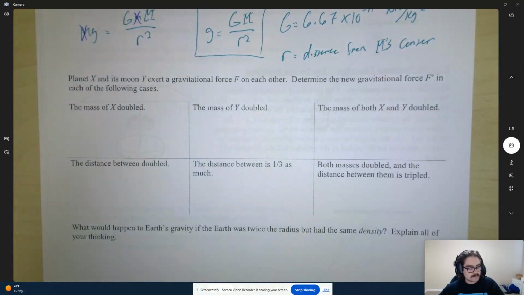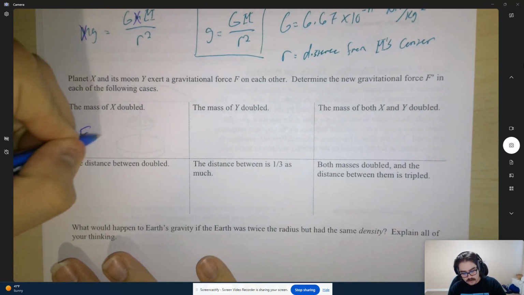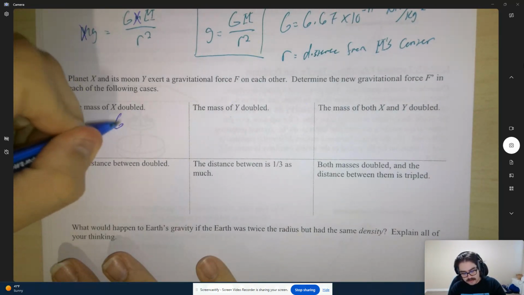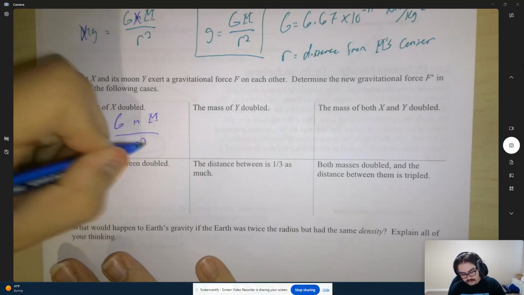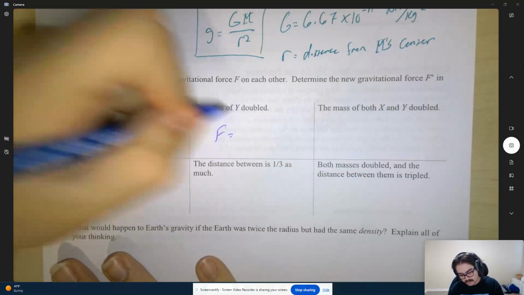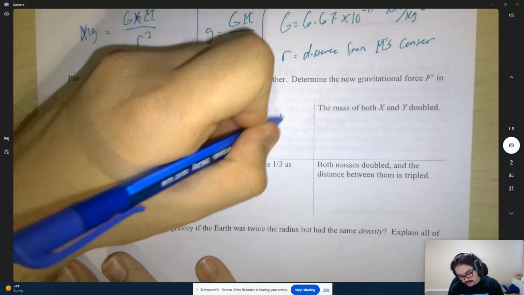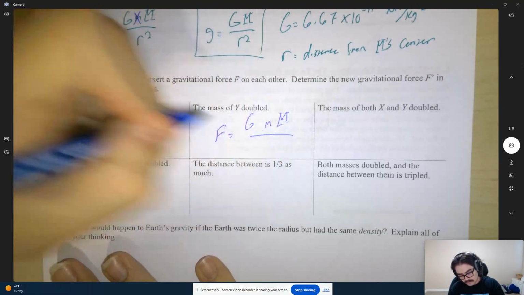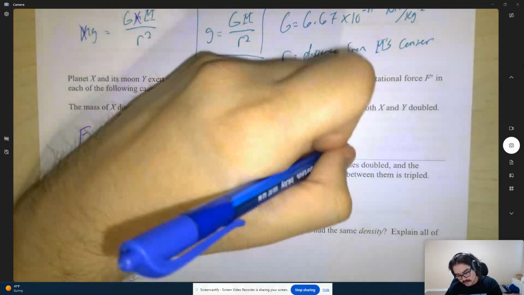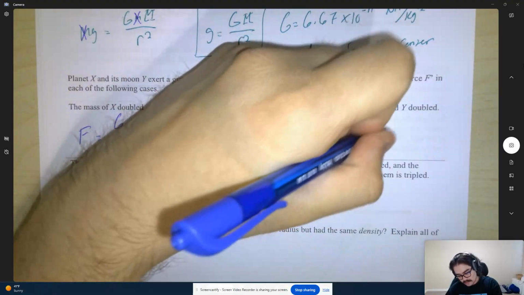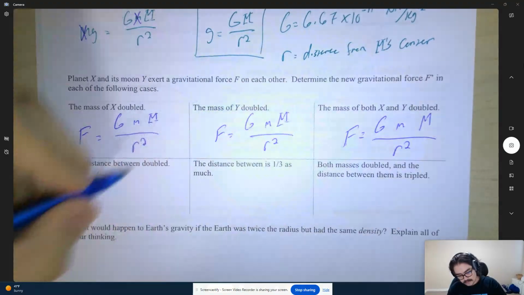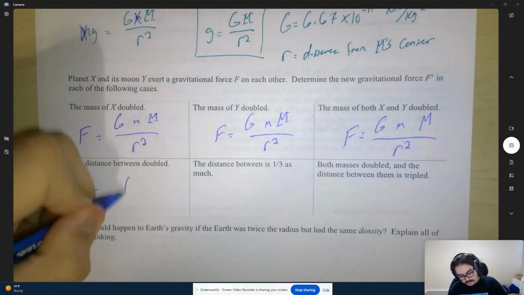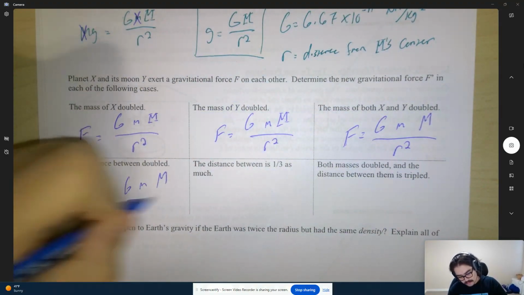What I'm going to do here is write Newton's law of universal gravitation all separated out: F equals big G little m big M over r squared.